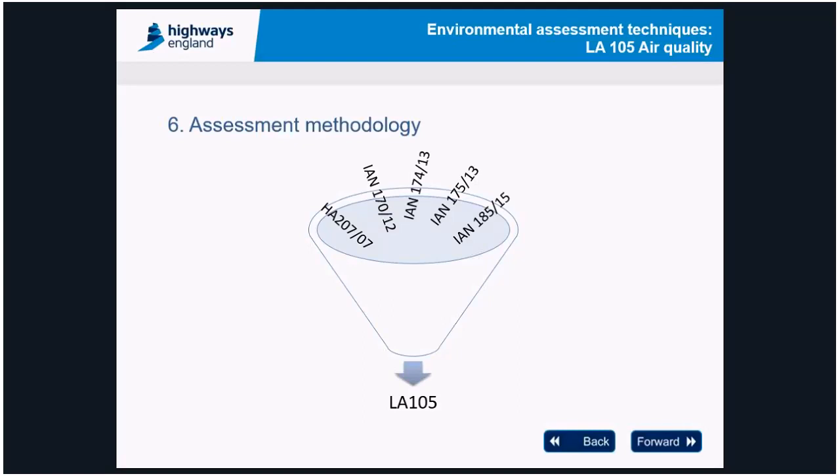IAN 174 dealt with significance of air quality effects. IAN 175 dealt with the compliance risk assessments. And IAN 185, which was a joint endeavour between our traffic colleagues, noise, and ourselves, was all around speed bands and generating the speed band emission rates. All that has been brought together and is now encapsulated in LA 105.